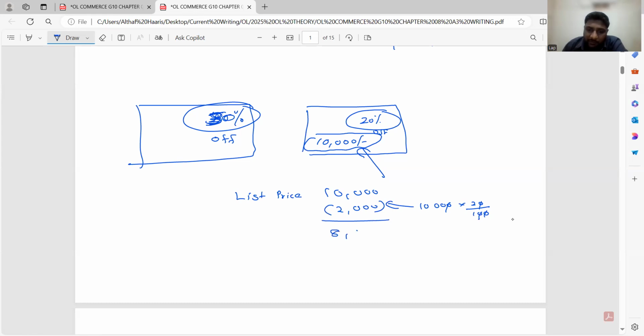So here we have to pay cash only 8,000. This 2,000 reduction that we got, we will call it trade discount.